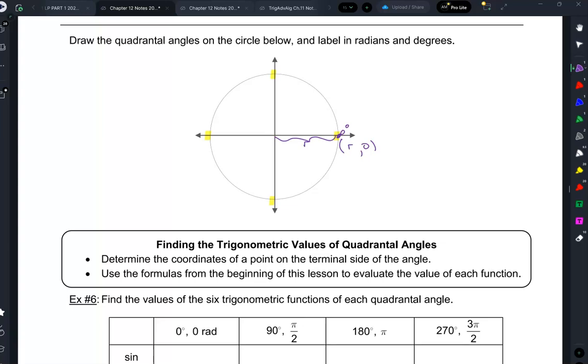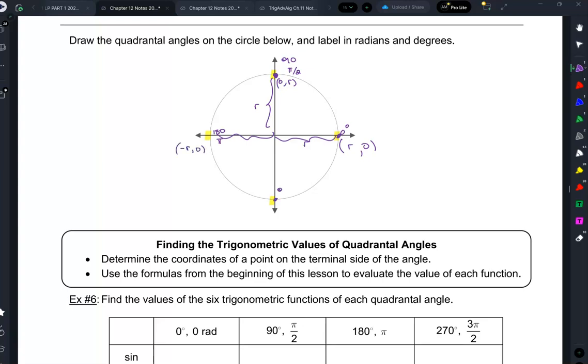And if I'm at 90 degrees or pi over 2, and this is a distance of r, that coordinate is 0, comma r. And if I'm at 180 degrees or pi, and this is r, then that coordinate is negative r, 0.